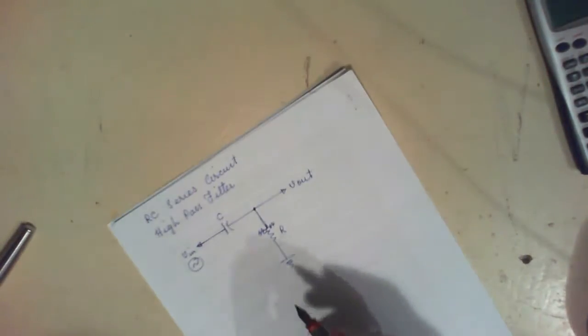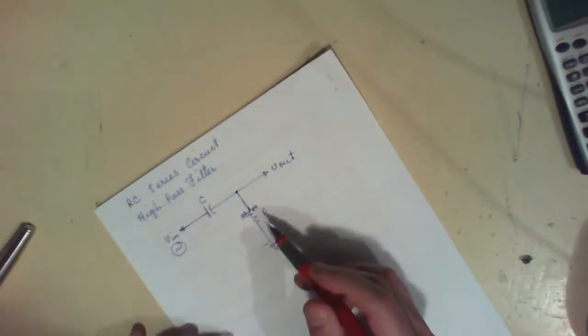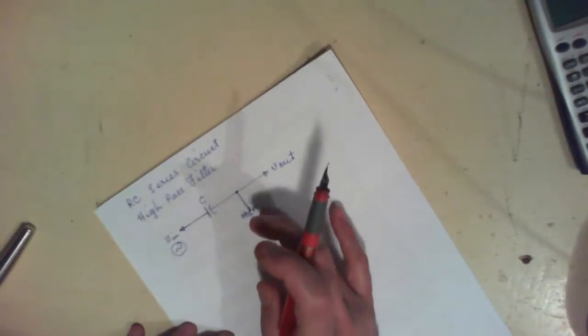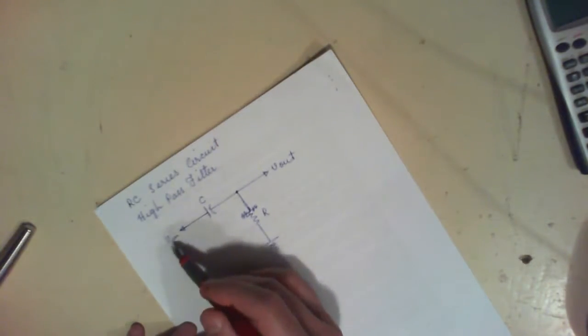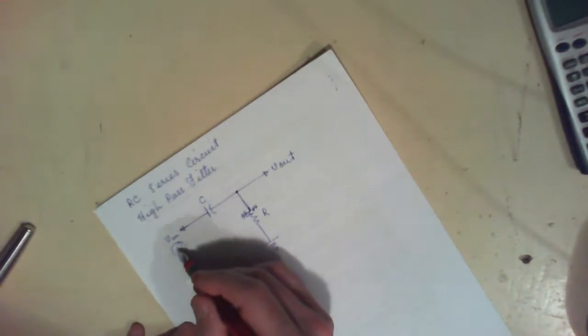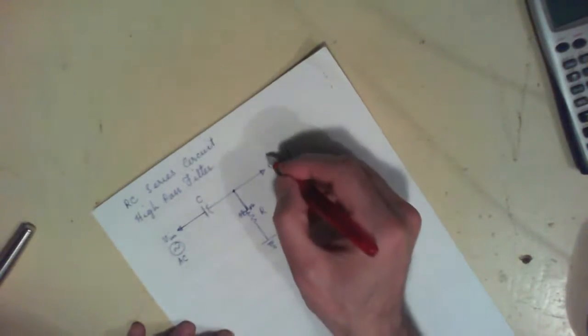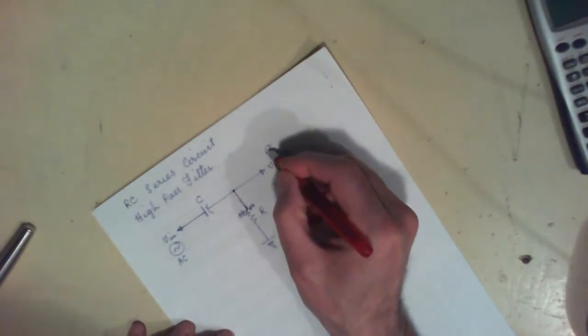Okay, so this circuit can be used as a substitute for a voltage divider circuit, but of course you know that over here your input is an AC signal, an alternating current, and over here you will have some AC signal as well.